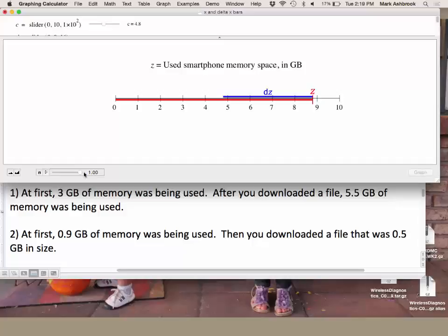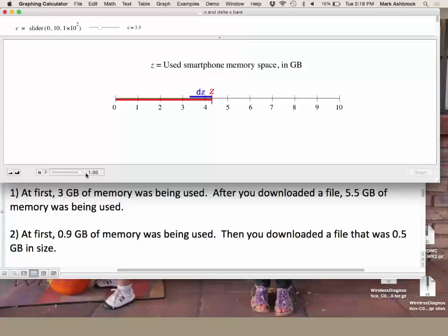Number 5. At first, 4.3. And you erased a file that was 1. Okay, here we go.